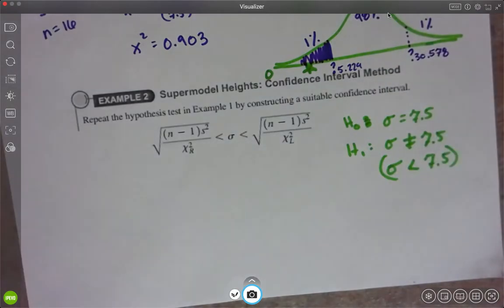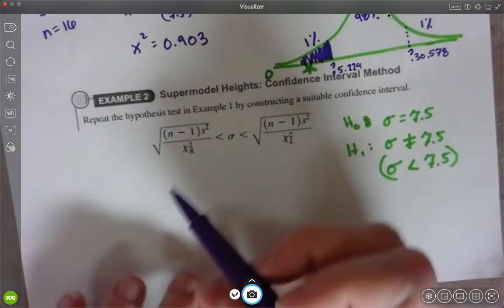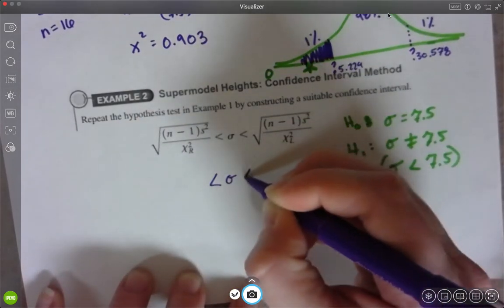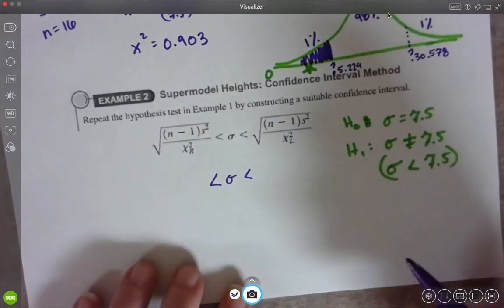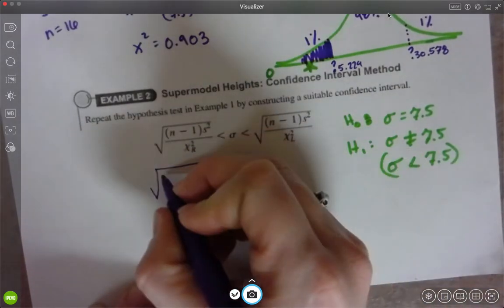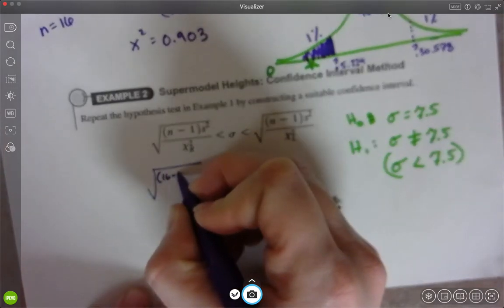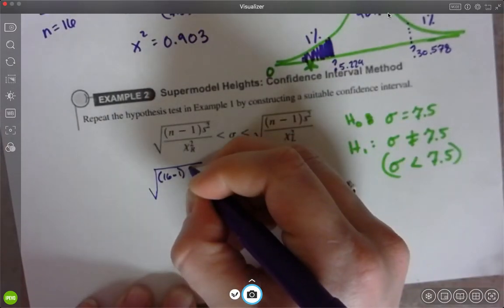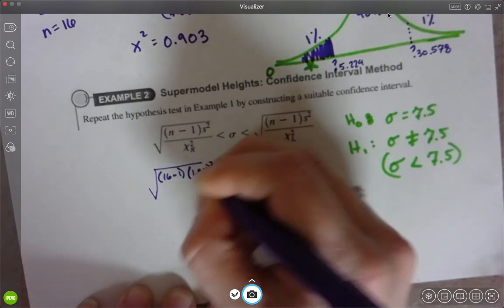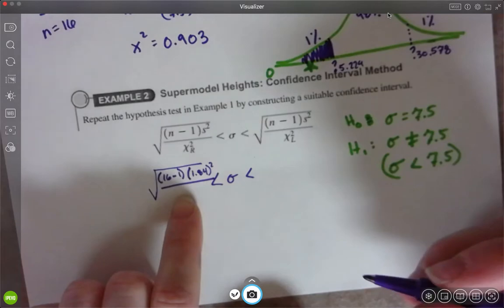All right, and now we're going to go ahead and figure out what each one of these numbers is, doing our confidence interval. Okay, so the first confidence interval should look like the square root of 16 minus 1, times the standard deviation 1.84 squared, all over that right side chi-squared value.